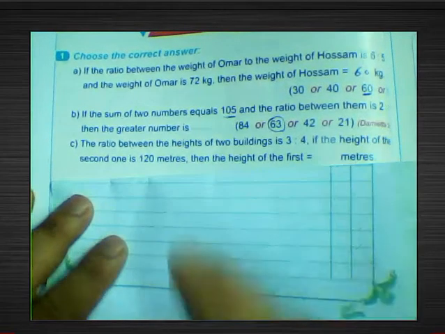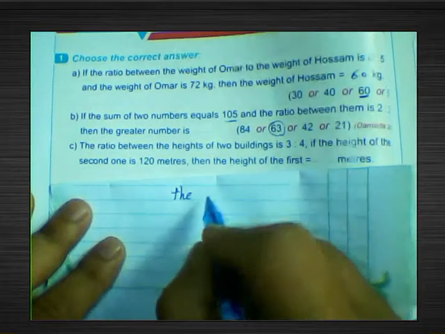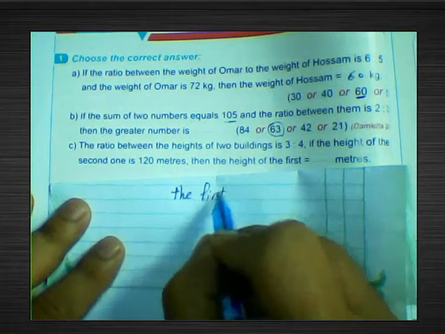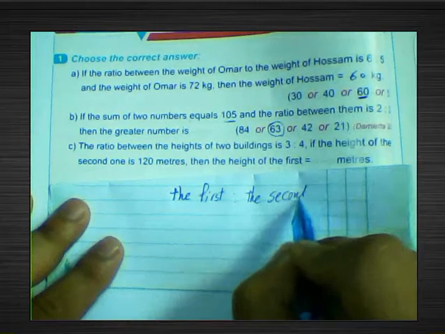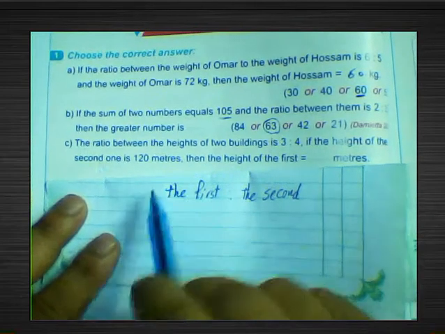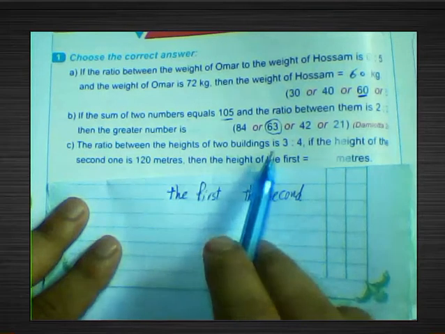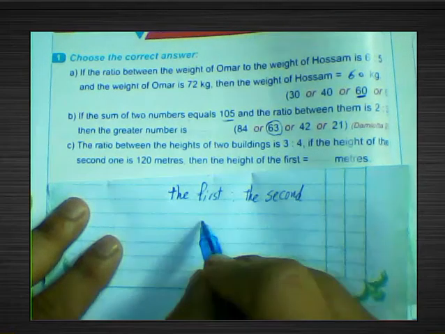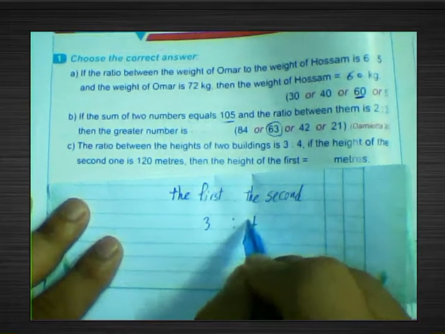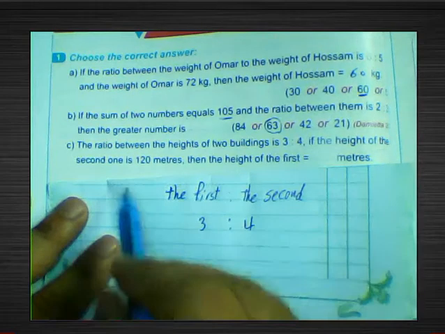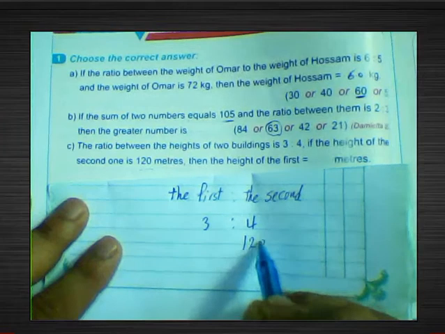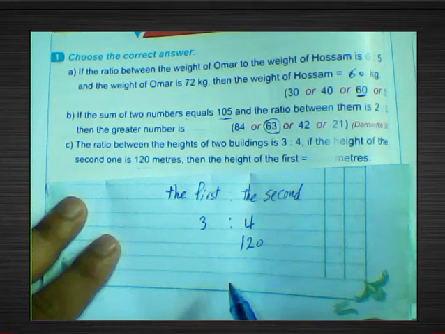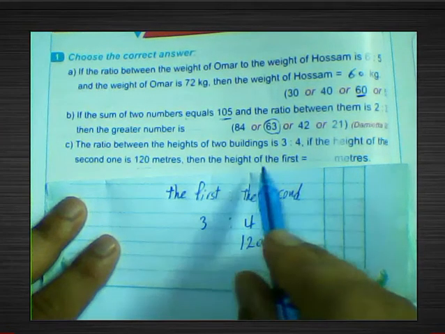We write here the first to the second. The ratio between the heights of the two buildings is 3 to 4. Write 3 here and 4 there. If the height of the second one is 120 meters, we write 120 meters for the second. Find the height of the first.